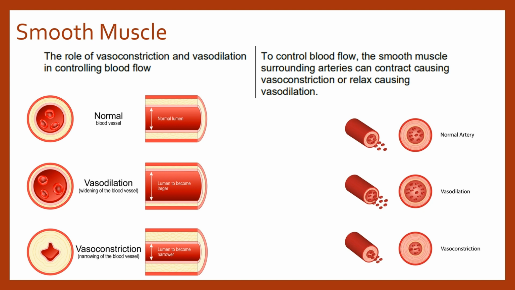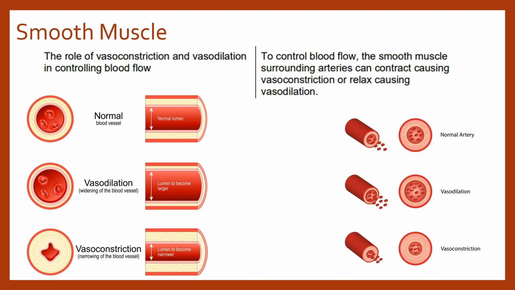So if the smooth muscle surrounding the arteries contract, this will cause vasoconstriction, narrowing the space of the lumen and reducing blood flow, or they can relax and cause vasodilation, the widening of that central space, and this can increase the blood flow. So, this is particularly helpful through temperature regulation or when you're dealing with an active infection, and some of these we'll discuss in subsequent videos.